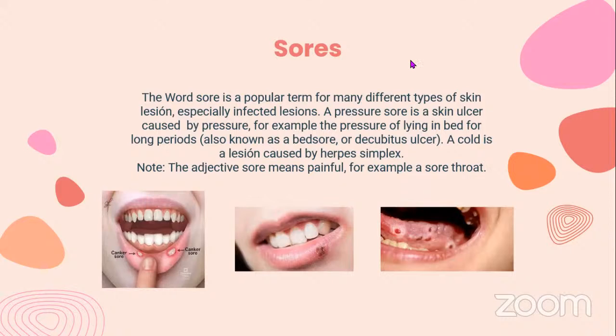The word sore is a popular term for many different types of skin lesions, especially infected lesions. A pressure sore is a skin ulcer caused by pressure, for example, the pressure of lying in bed for long periods, also known as a bed sore or decubitus ulcer. A cold sore is a lesion caused by herpes simplex. And note, the adjective sore means painful. For example, a sore throat.